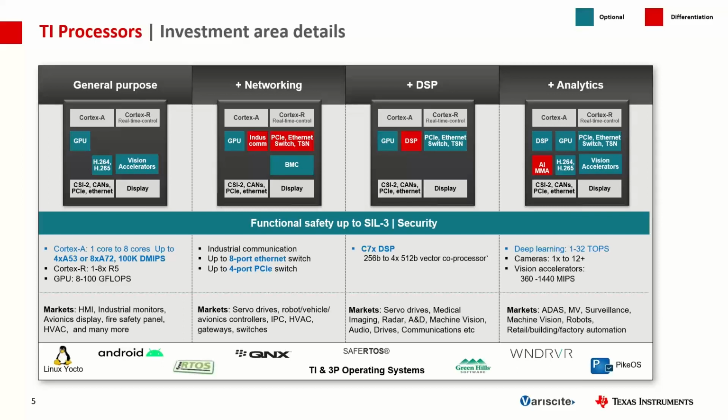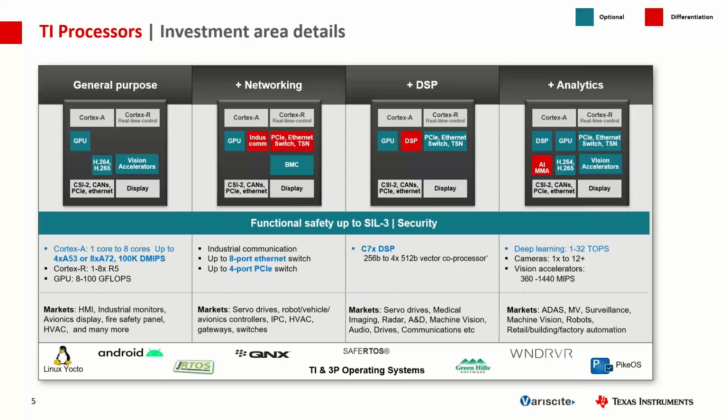But the core functionality still has a rich peripheral set like CAN, PCIe, I2C, industrial Ethernet, and then our display. So the 625 that we're talking about today has dual display and GPU. And it also has single, dual, and quad A53 cores and a little M4 that we'll talk about later today.